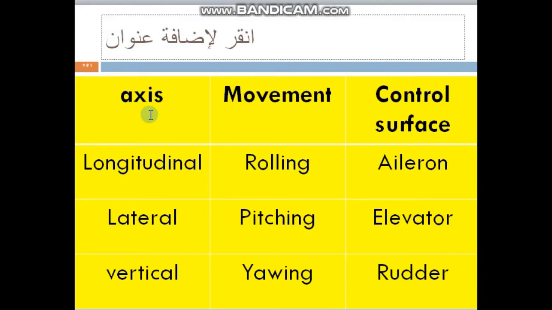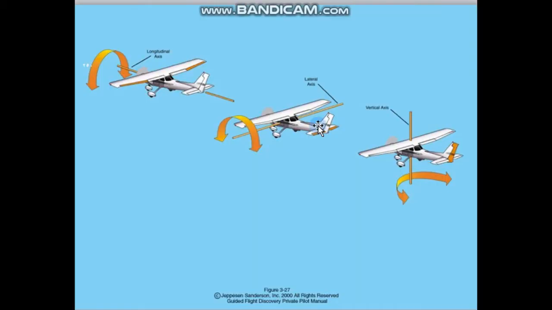Here we have the axes, the movement around each axis, and the control surface that will make the movement. We will start with the longitudinal axis. The movement around the longitudinal axis is called roll.